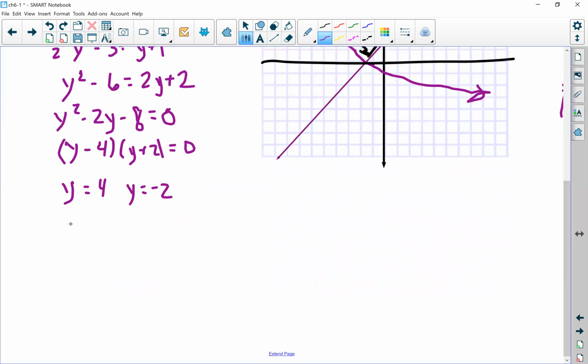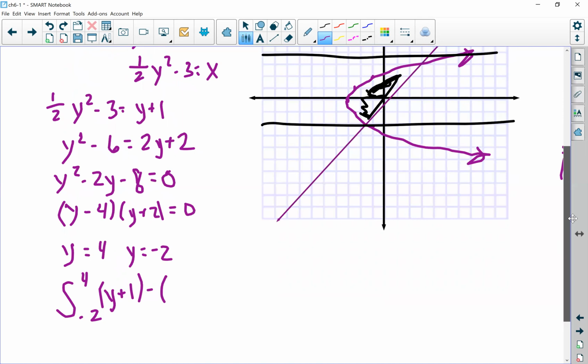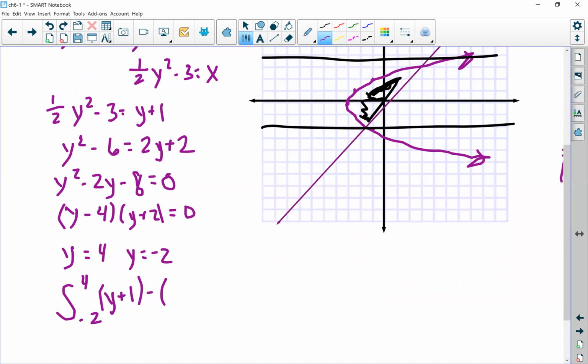So we're going to integrate. And again, if you're not sure, one thing you could do is just pick one and take the integral.